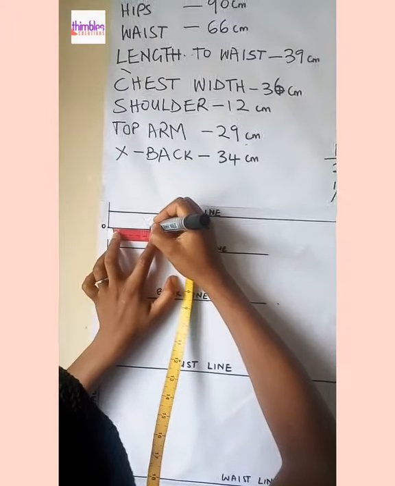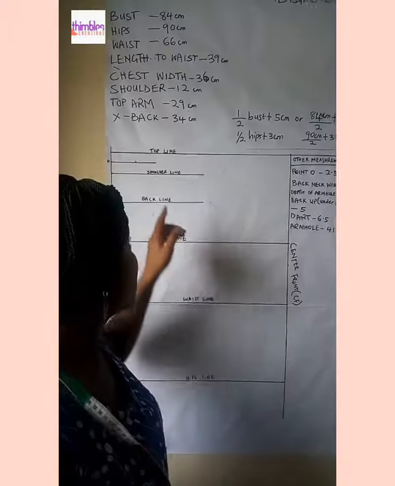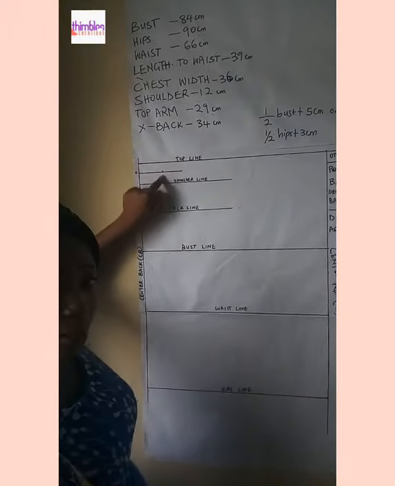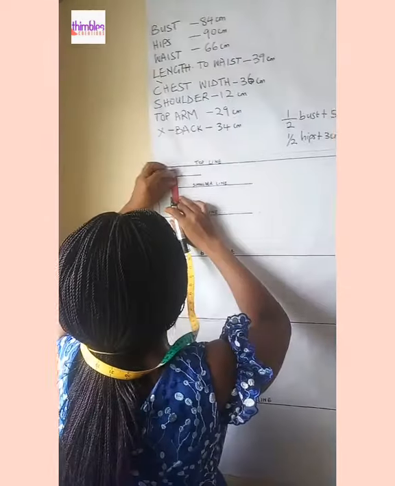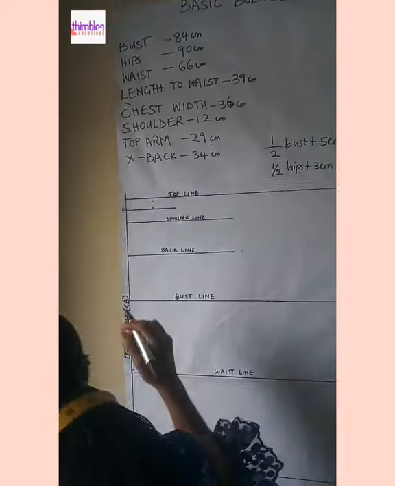And then you take it up by 2 centimeters at that point that you measured 6.5 centimeters. Taking it up 2 centimeters here, I'm drawing the line.